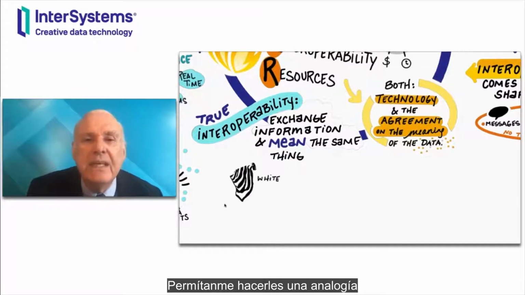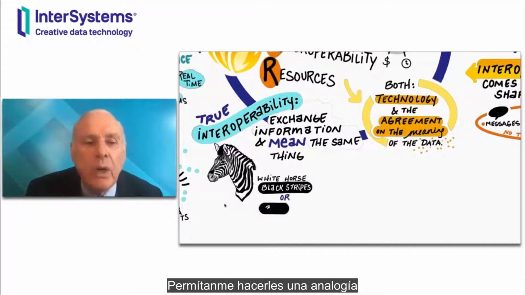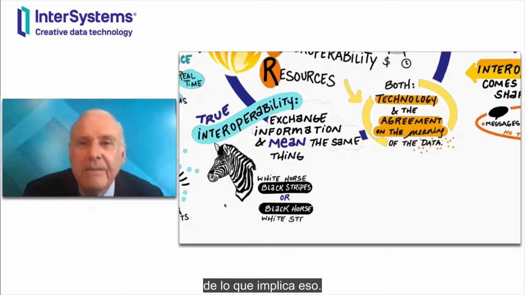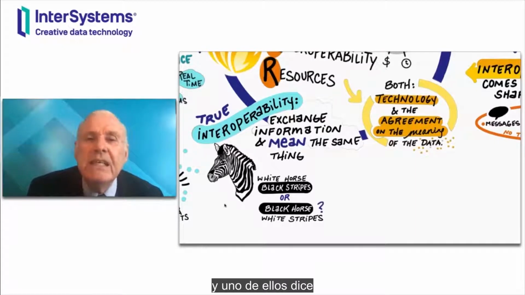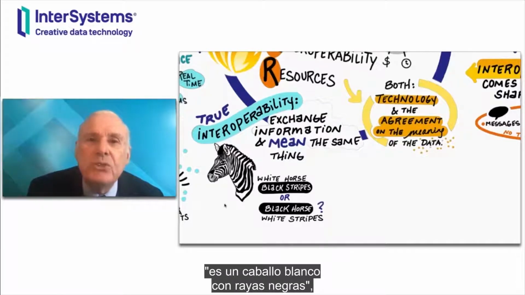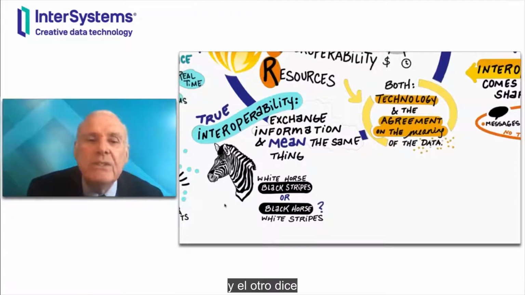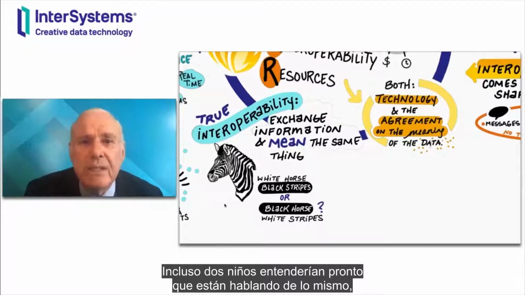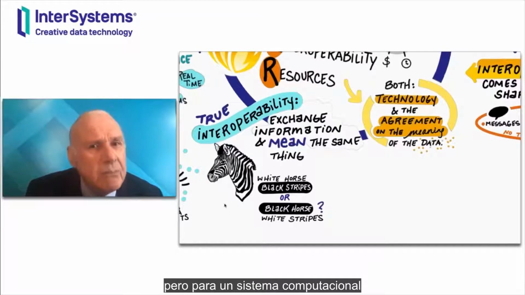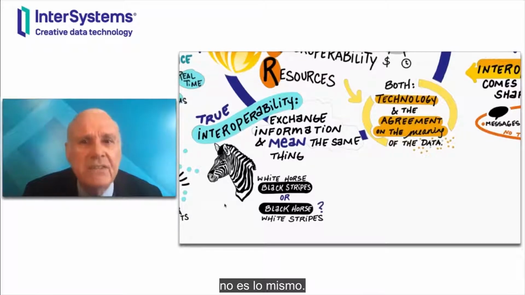So let me give you an analogy for what that implies. Suppose 2 individuals had never seen this animal before, and one of them says it's a white horse with black stripes, and the other one says it's a black horse with white stripes. Well, even 2 children would quickly understand they're talking about the same thing, but to a computer system, it's not the same thing.